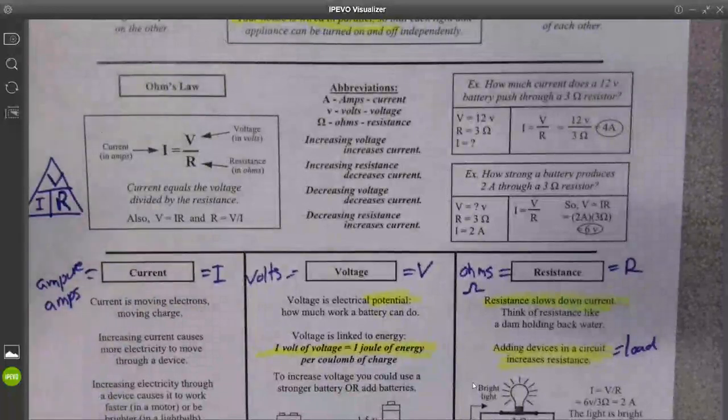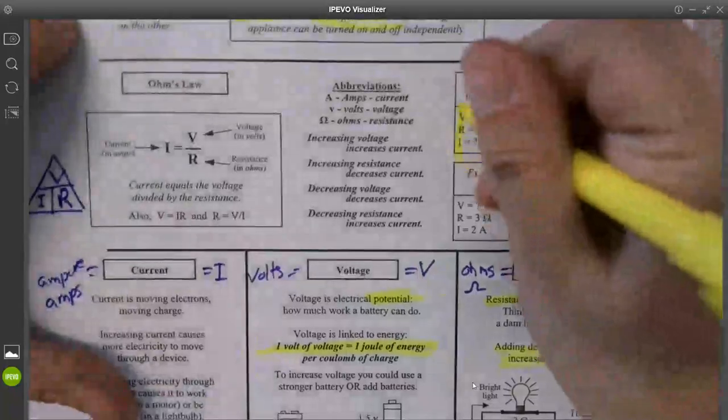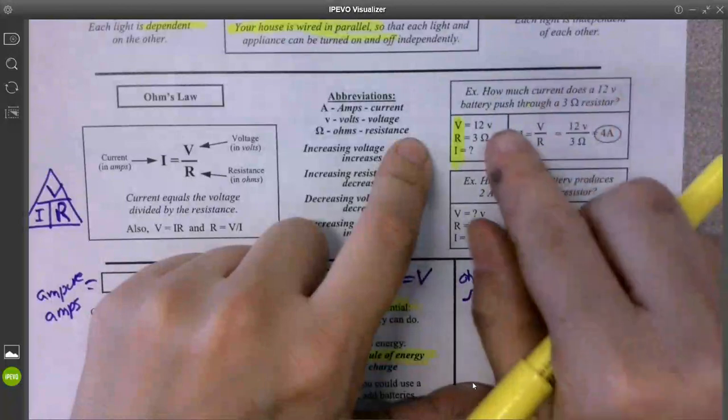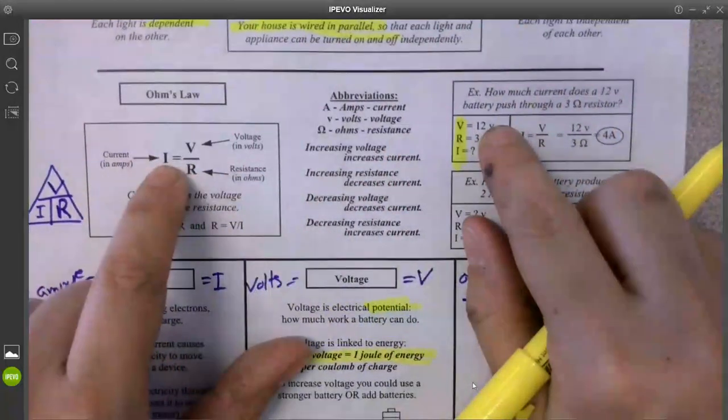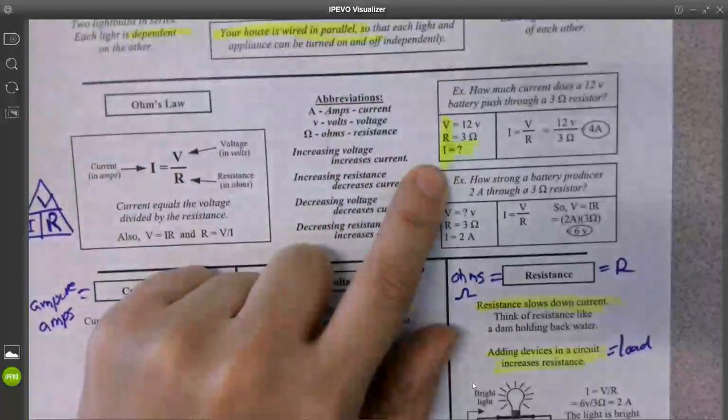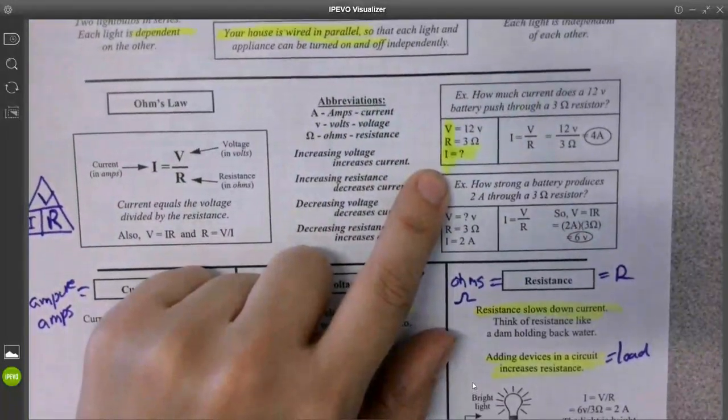The first thing you're always going to have to do is identify what you have. So in the first problem, how much current? Current is measured in amps, and that's your I. So that's going to be your question mark.